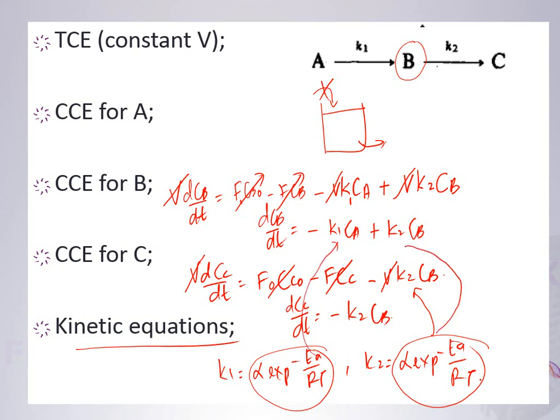This is how it is tied to your energy balance from the temperature. After this, you have to do your dT/dt from your energy balance. So you solve for T first. So once you have this, then you can actually solve for your CC and CB.